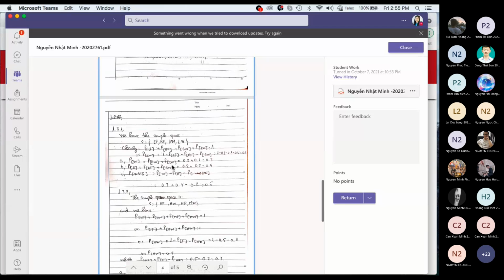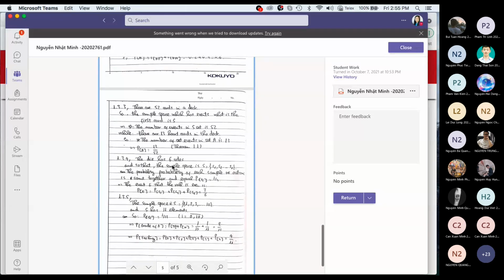Now I check exercise 1.3.3. There are 52 cards in a deck. So for the sample space, the first card is a heart.